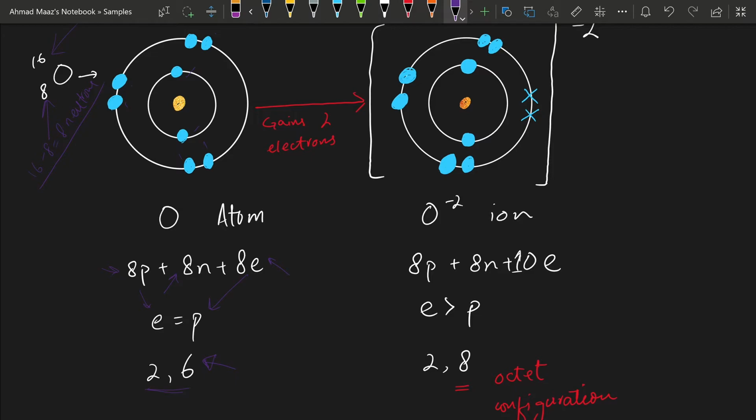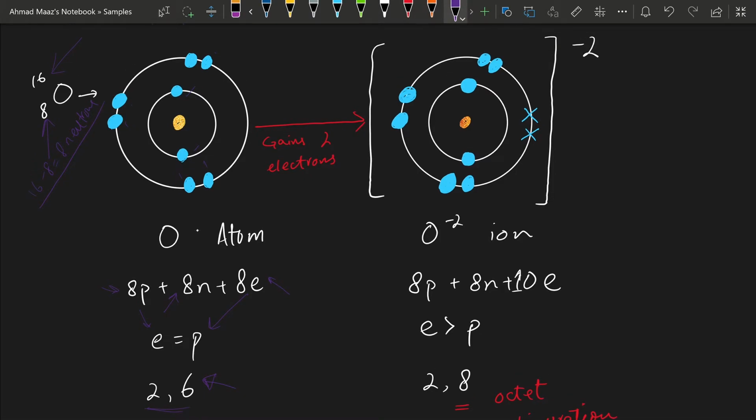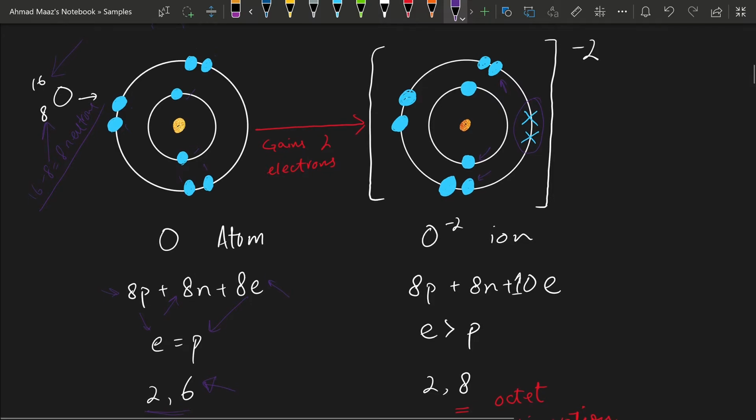to complete its octet. So what will this do? This will gain 2 electrons which are represented by these crosses just to differentiate from these original electrons. Now because 2 electrons are being added, there will be a net charge of -2. 1 electron carries a net charge of -1.